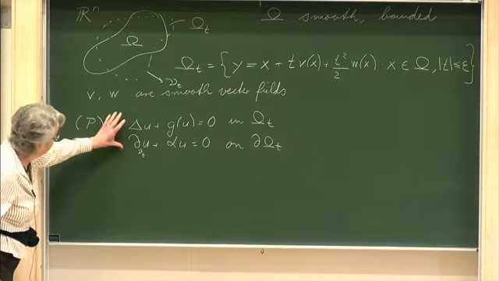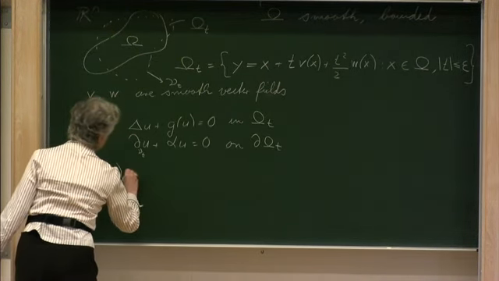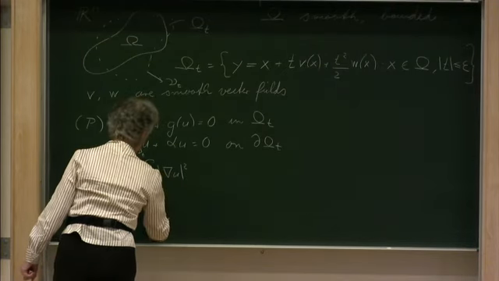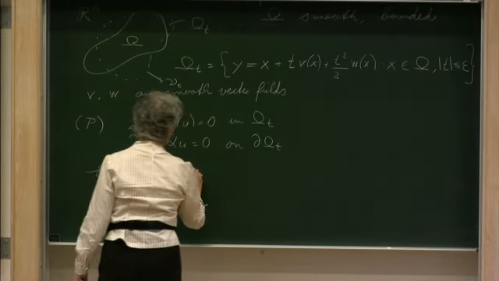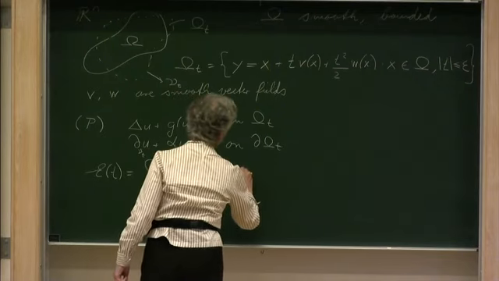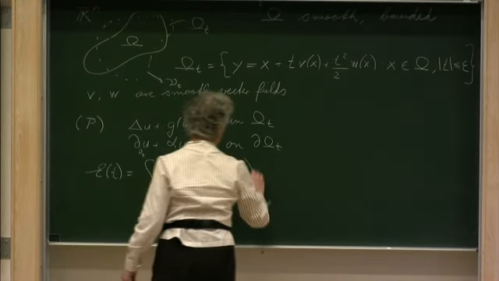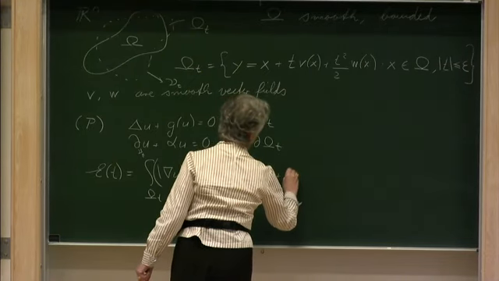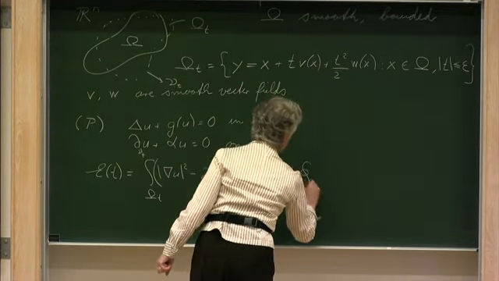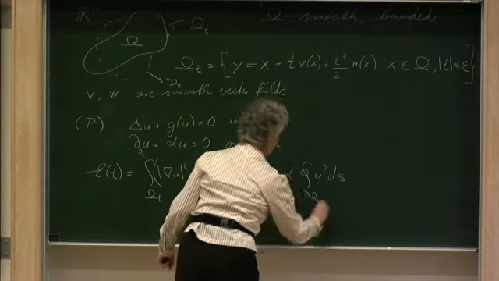And with this problem there is an energy associated, and this energy is the Dirichlet integral of the gradient of u squared over omega t minus 2 times the primitive of small g, dy, plus alpha times a boundary term which comes from the boundary condition, u squared ds.